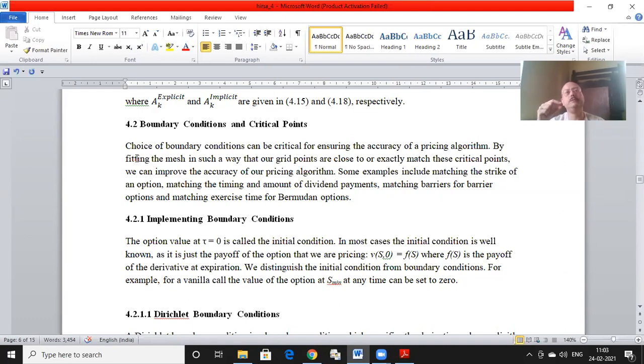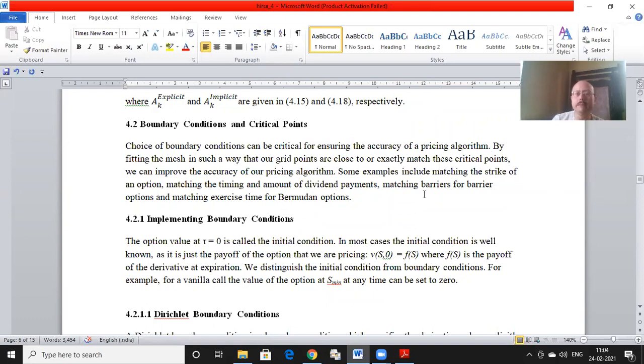Because we are restricted to steps of delta S, not all points can be covered. So we want to make sure that the points which are more important to us are either exactly covered on the grid or very close to it. That usually improves the accuracy of the algorithm, because if more likely events are approximated better, then overall my approximation error will be less.